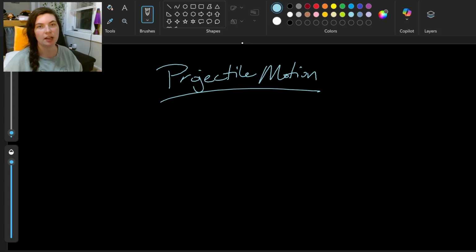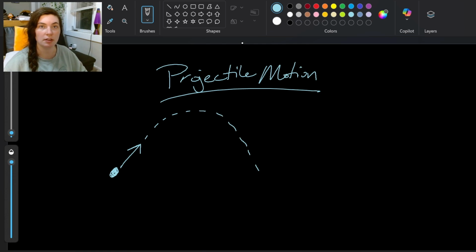So with projectile motion, what we're talking about is generally we have some object or particle that is being projected. It's becoming a projectile, right? It could be you kicking a soccer ball that launches at an angle, comes up, and comes back down to the ground.